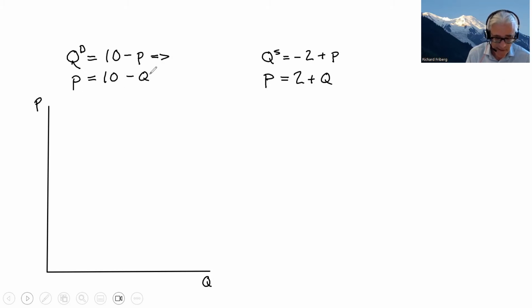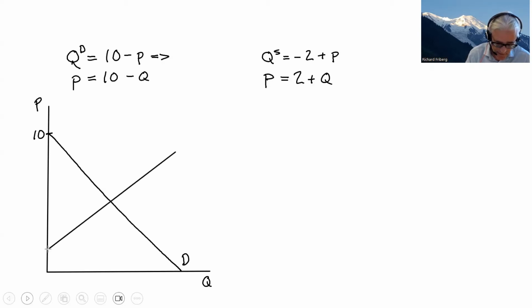We can draw the demand curve, so an intercept of 10, and then a slope of minus 1, like that. And we can draw the supply curve here, an intercept of 2, and an upward slope of 1 like that. So this is supply, and the intercept here is 2.